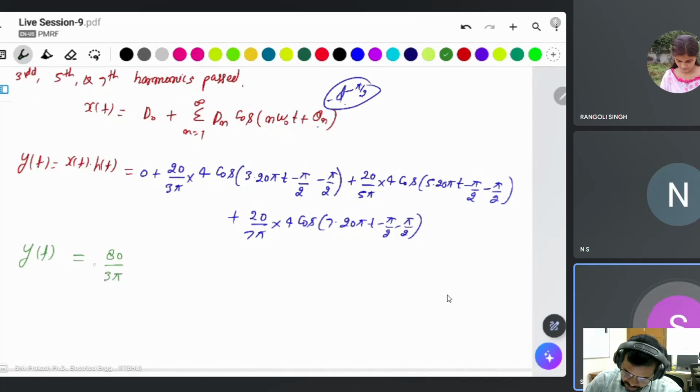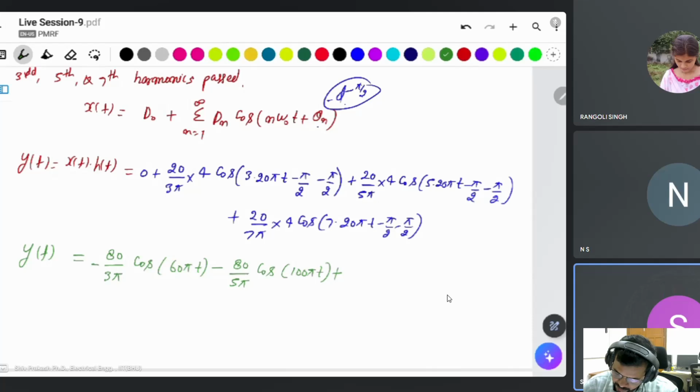Then this will be a negative cos of 60 pi t, minus 80 divided by 5 pi cos of 100 pi t, plus, this is also negative, 80 divided by 7 pi cos of 140 pi t.